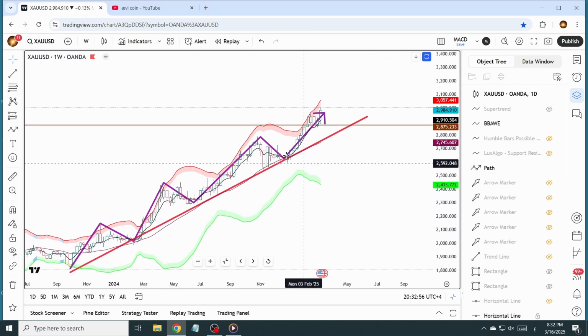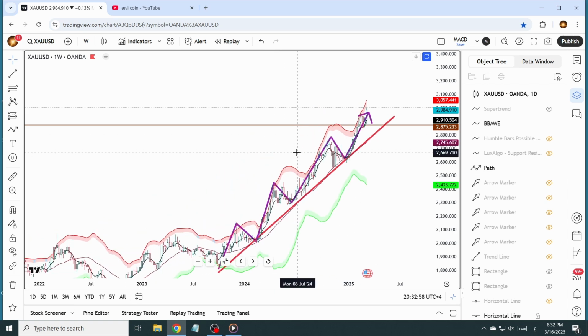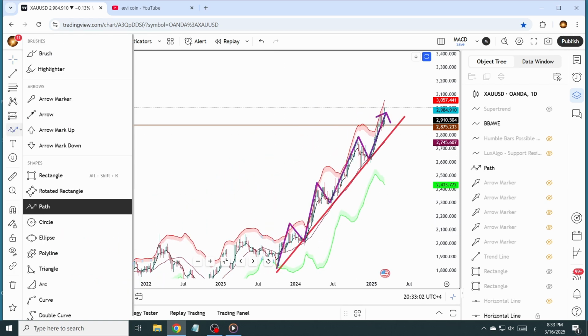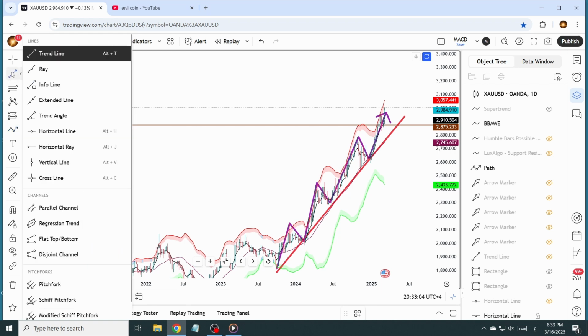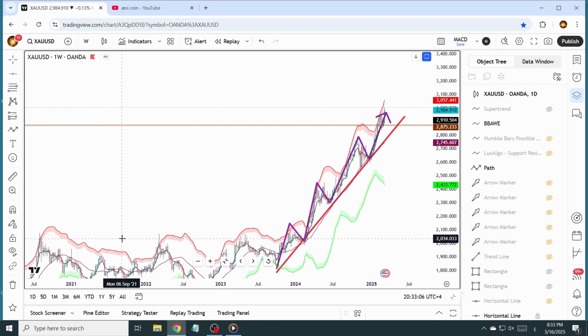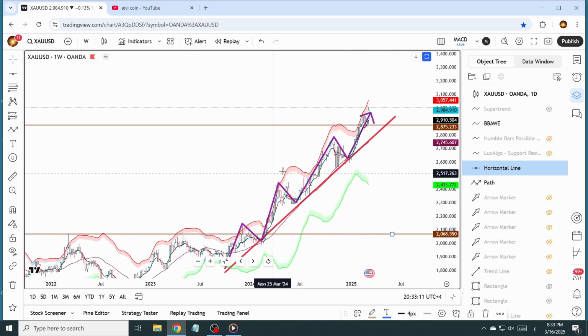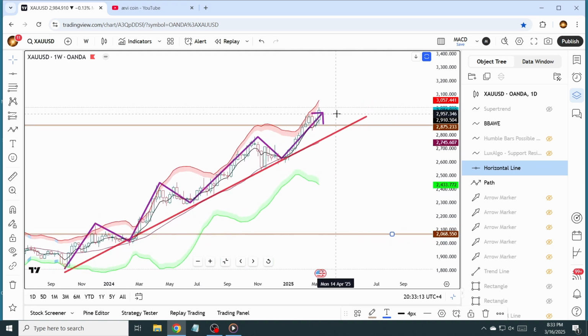Now, if we think of it as a breaking of the level here, we have the third wave just getting completed. So as we notice, from the squeeze to the upper side, there is a lot of room for the gold to go compared to this area here.